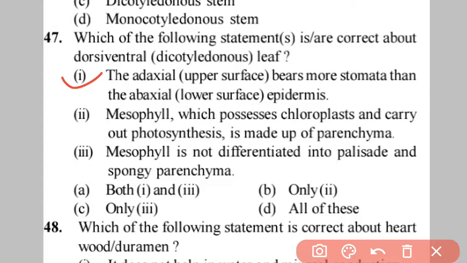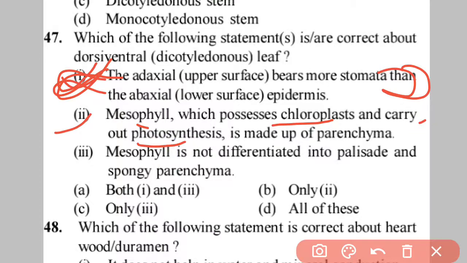This is incorrect, because just vice versa is true. The upper surface has fewer stomata mainly, and here a wrong statement is mentioned. So let's check the second one. Mesophyll, which possesses chloroplast and carries out photosynthesis, is made of parenchyma. Yeah, this is correct.